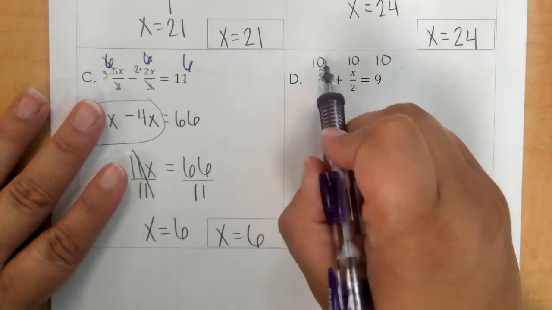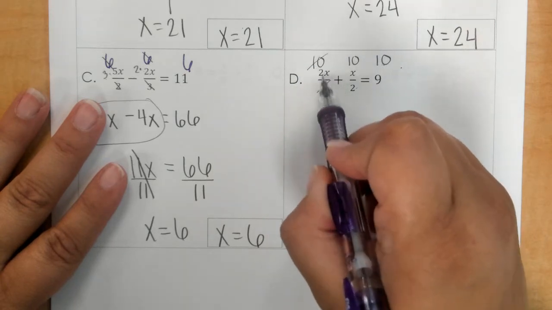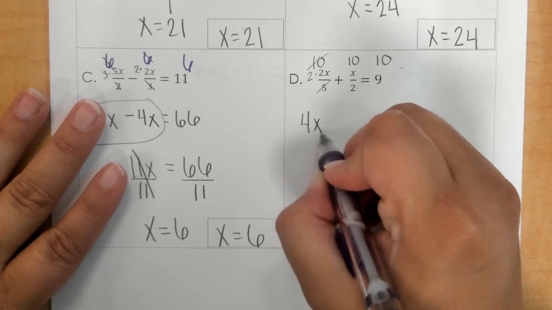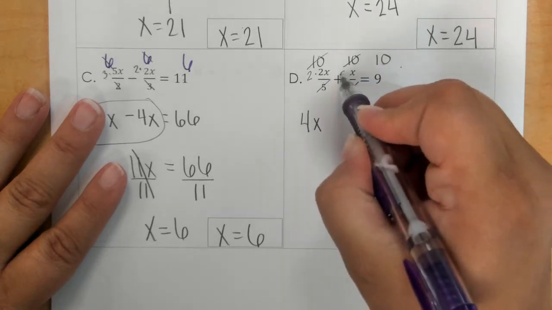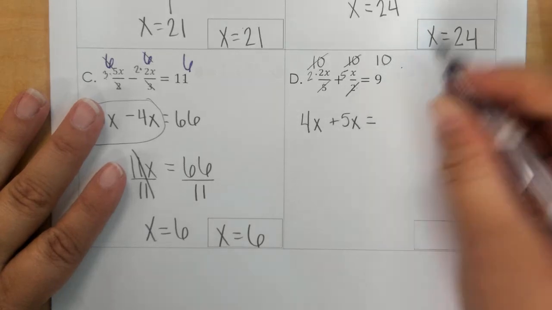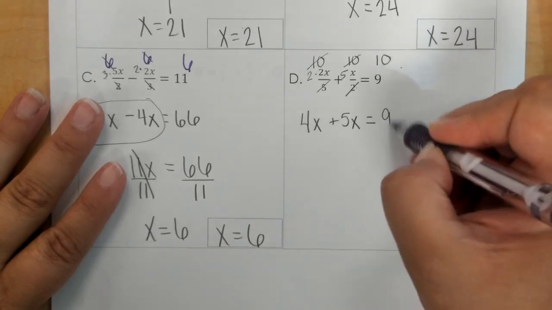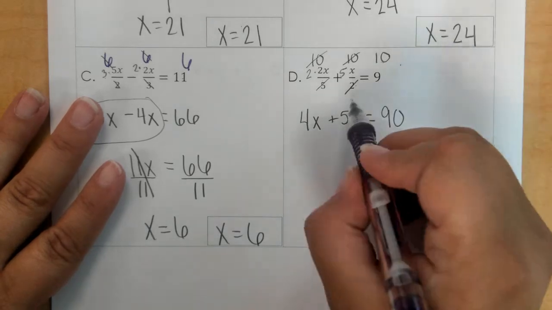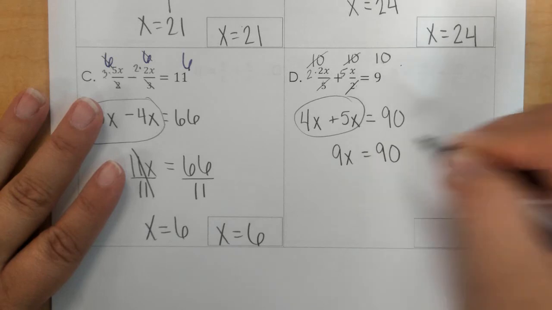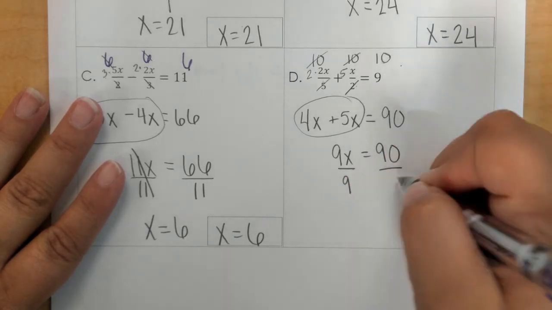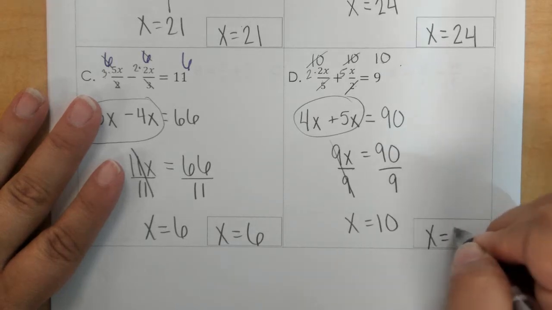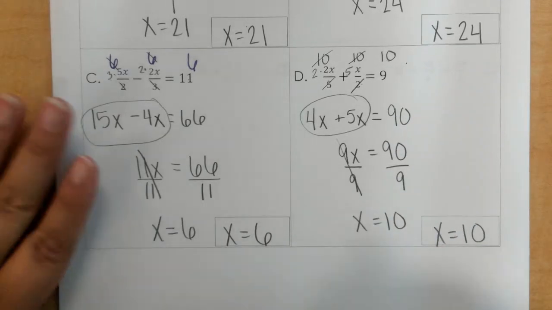Now, divide. 10 divided by 5 is 2, and 2 times 2x is 4x. 10 divided by 2 is 5, and 5 times x is 5x. 10 times 9 is 90. So here we're going to add like terms, get 9x equals 90. Divide both sides by 9, and x is 10. And that is clearing the fraction.